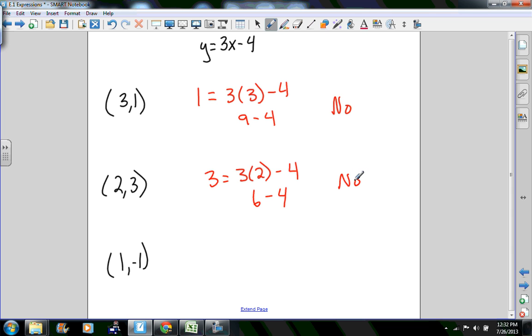So that's a no. And this one is negative 1 equals 3 times 1 minus 4. Well, that's 3 minus 4, which is negative 1. And there we go. We got a yes. So that's all you have to do.